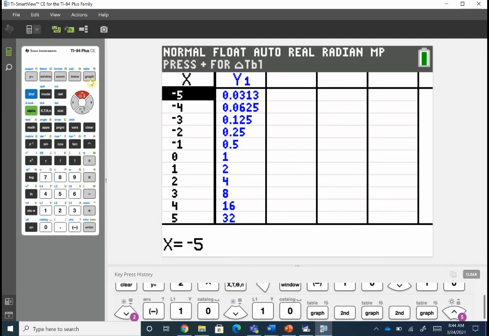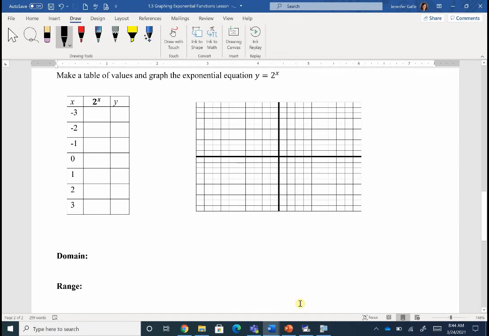So your values might not be matching mine right now because you might be in a different part of your table. You have to just kind of scroll around a little bit on your table. So all I want you to do on your note sheet is go ahead on that table piece and write down the values that you need.